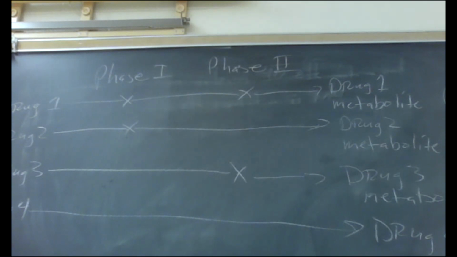It's going to go up. It's probably even going to accumulate in your body, and you're going to get toxicity. And that is what the table on the front of your handout is meant to illustrate.